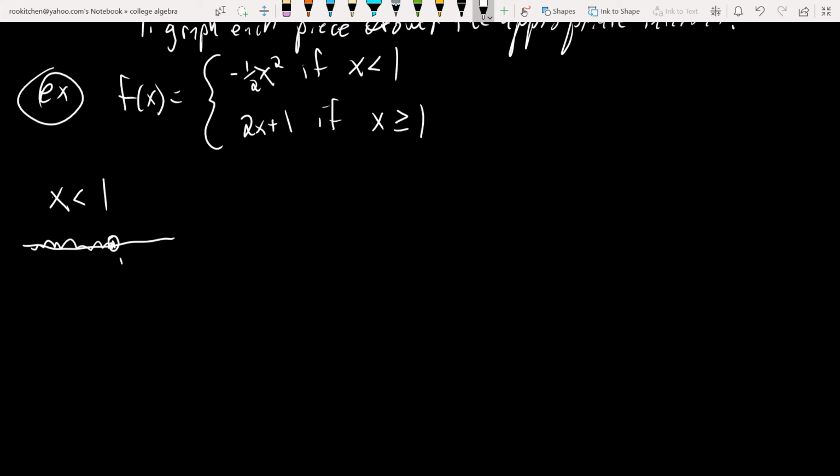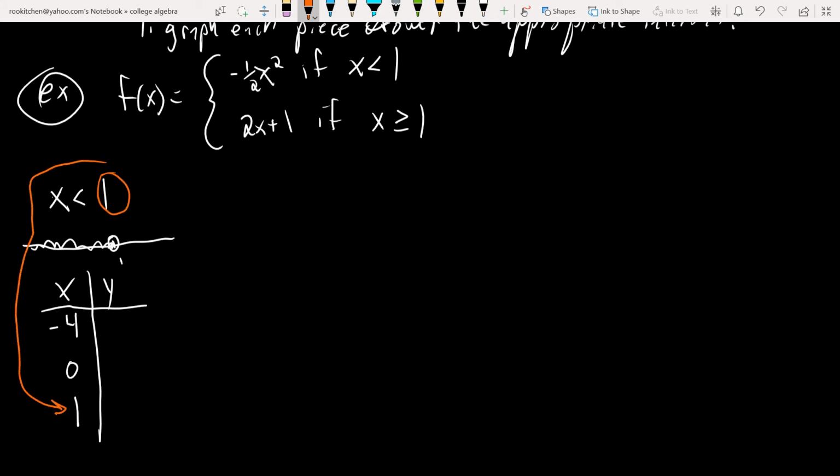Okay, so for that case, I'm going to do maybe a little t-table. I'm using the negative 1/2 x squared piece. So we'll just pick some numbers here, negative 4, 0. The numbers have to be in the interval, and I definitely want to use the endpoint here, this 1 value.